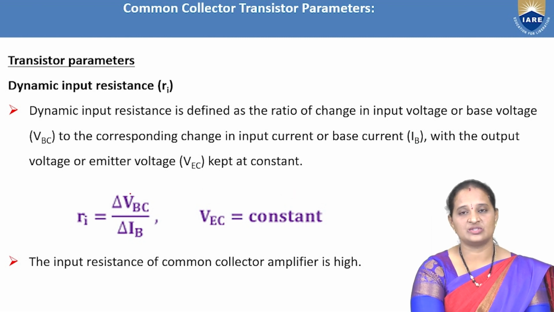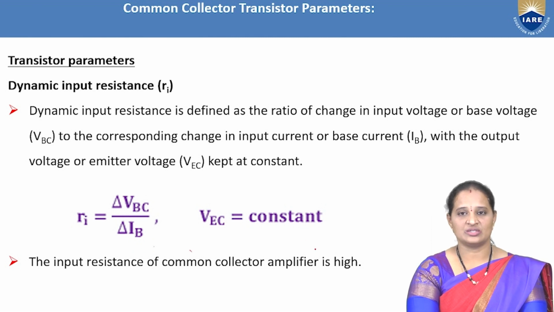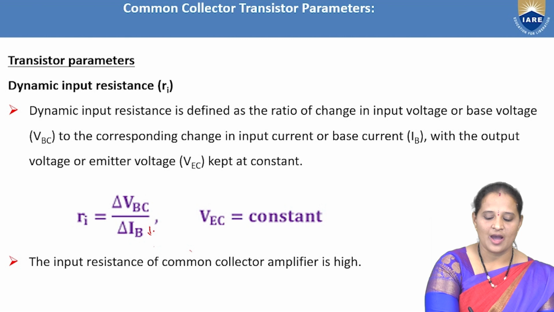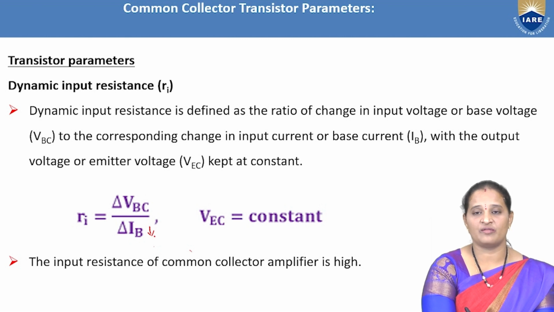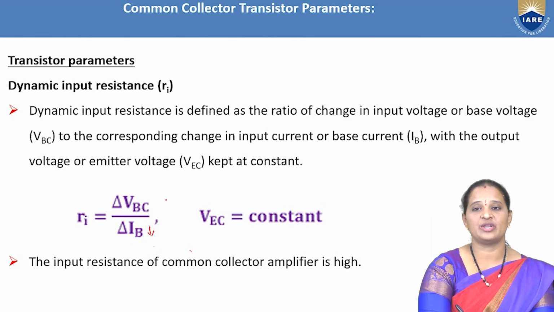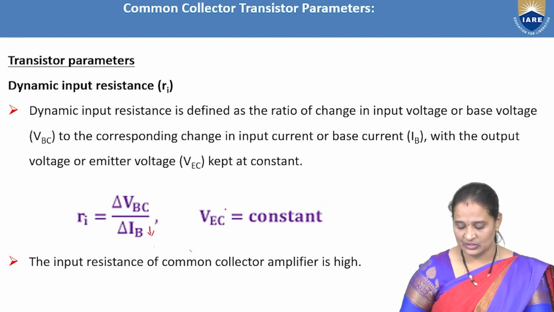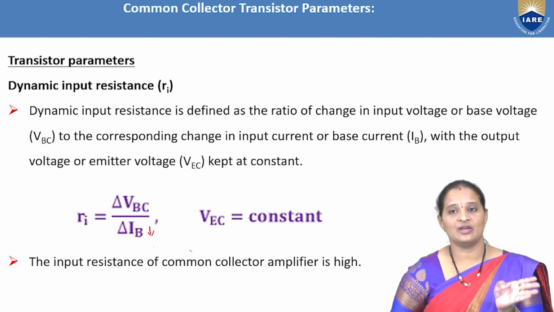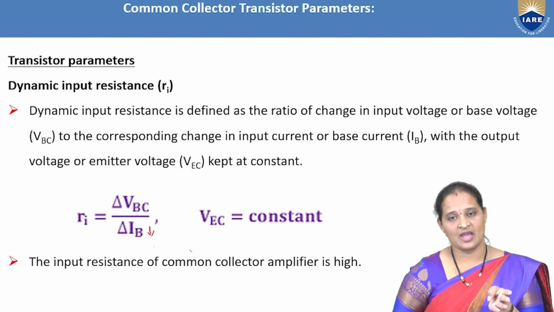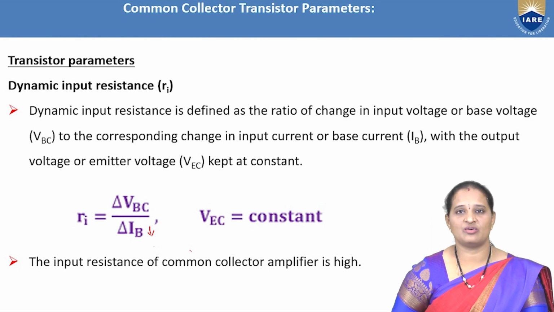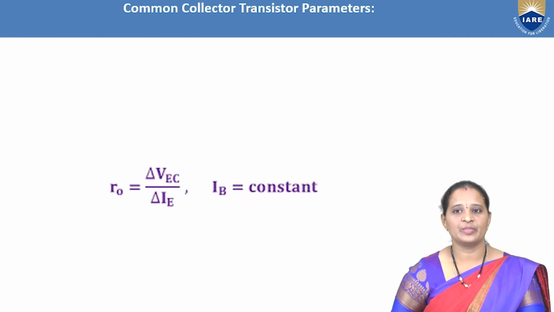So ri is equal to delta VBC by delta IB, keeping VEC constant. Again in this ratio, IB is very small, of the order of microamperes, so that means the input impedance is very high. So we have to identify that the current amplification factor is high and even the input resistance of the common collector amplifier is also very high.